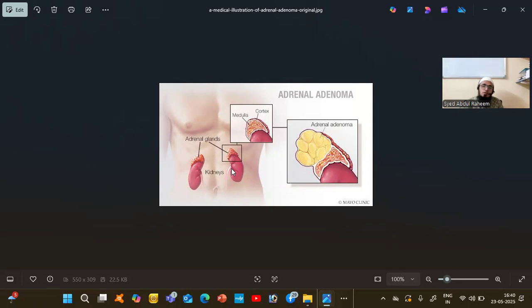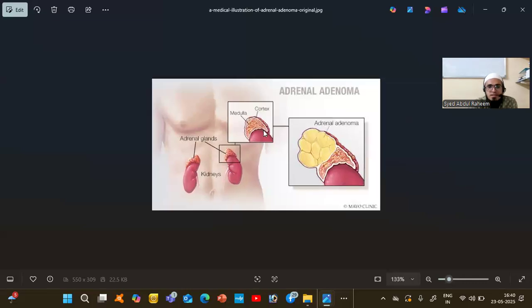So the kidney is the king of our body, but the main king is our brain. But if you collect all the organs, the kidney has numerous functions. It is not less than a king. The kidney has the crown, and the crown's name is adrenal gland. In the adrenal gland, we have two areas: outer cortex and inner medulla.